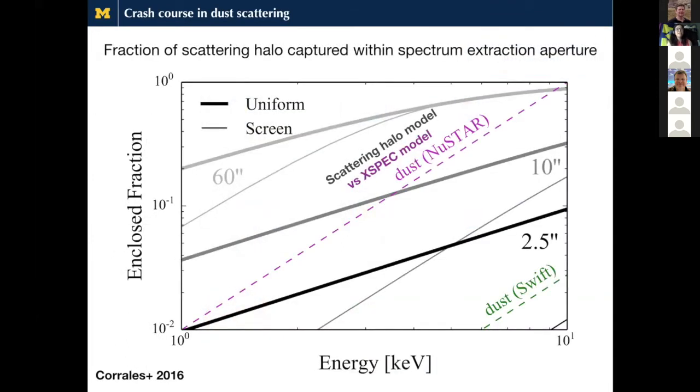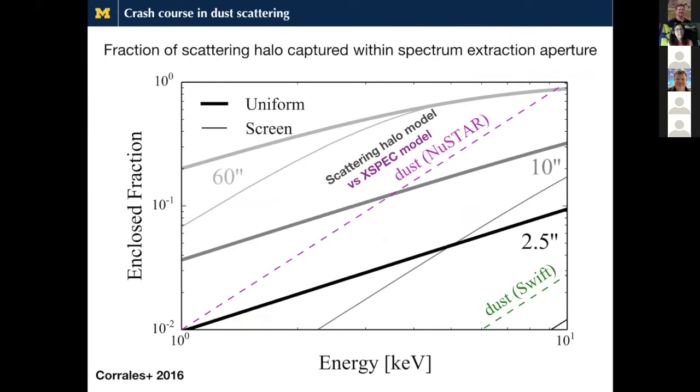So most of this talk comes from my 2016 paper where I evaluated this effect and some of the systematic effects that it puts on us. And so this plot is very busy. I will try to spend a few minutes explaining it, but basically what it is quantifying is the fraction of the scattering halo that you're recapturing within a spectrum extraction region or aperture of a particular size.